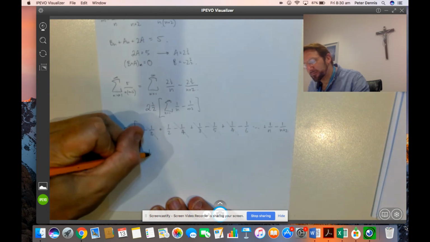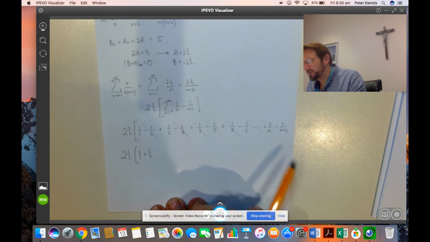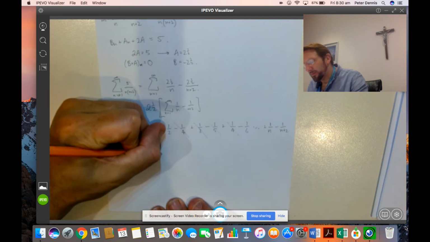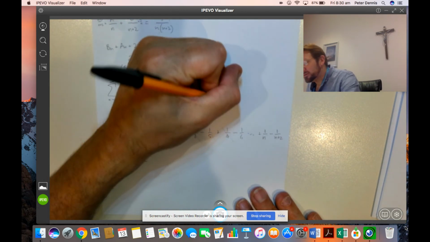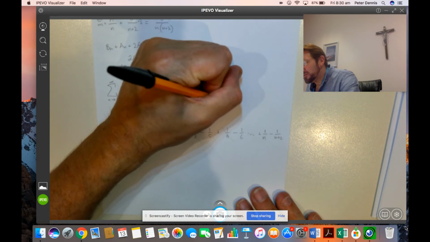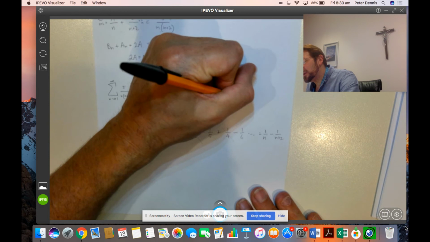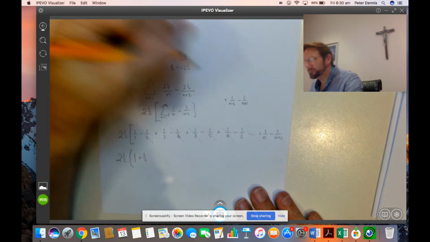Plus a half is not going to cancel out with anything either. And at the other end, if we think back a couple of terms, we're going to be left with 1 over n plus 1, minus 1 over n plus 2.